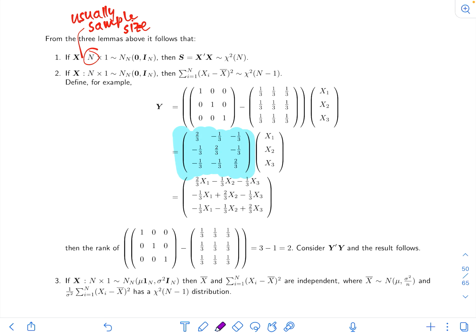And in this case, this is exactly what we use these lemmas for. We go and show x bar and the components of s squared are independent. And if they are independent, it means that I can estimate them individually as if they are living and breathing by themselves. This is not always the case in many other multivariate environments.